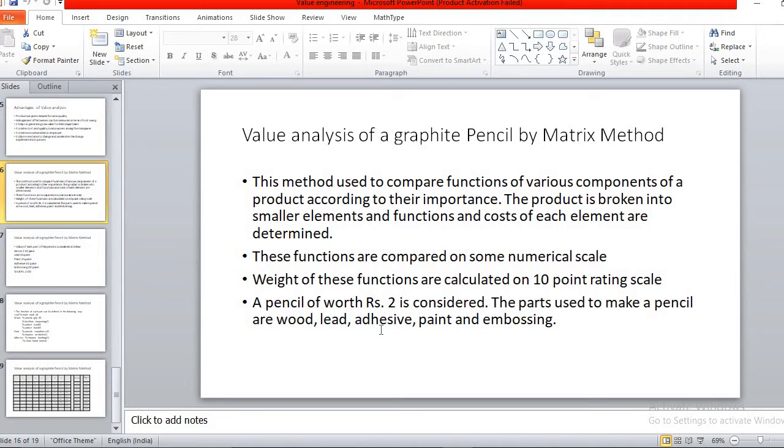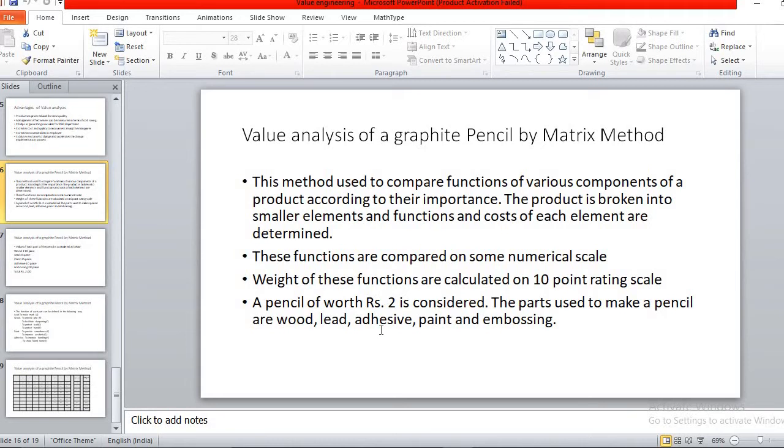After giving this weightage, we add them and find the raw score. And again it is converted into a weightage scale of 1 to 10.